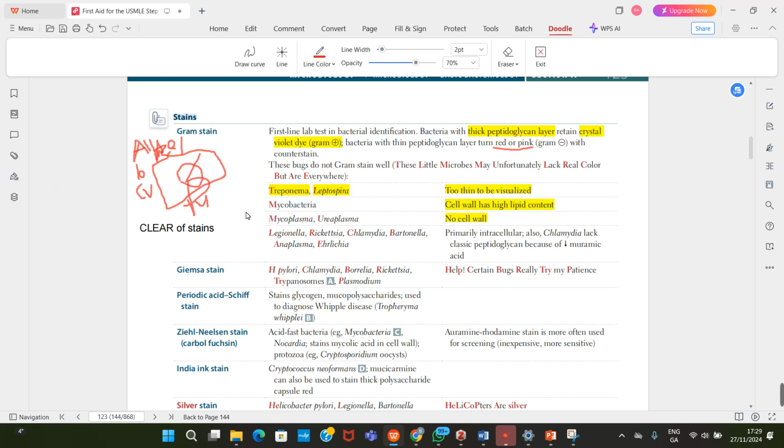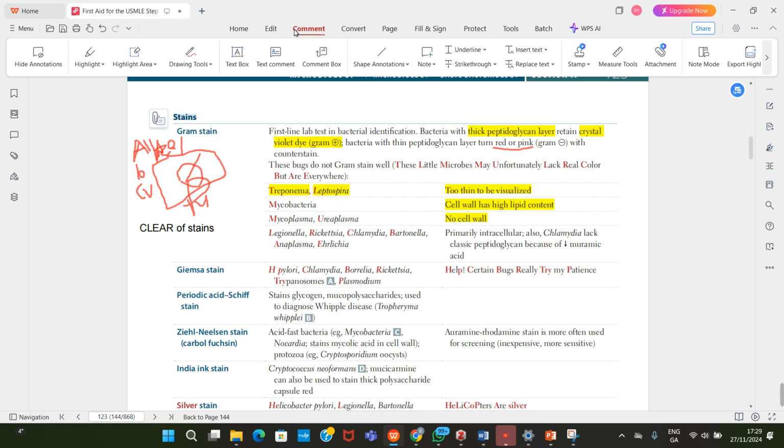The next is Mycobacterium. Why can't we see Mycobacterium? It is not because Mycobacterium is too thin. No, Mycobacterium is not too thin. But the reason is that the cell wall of Mycobacterium has a component that we call mycolic acid. Sorry, I said TB.